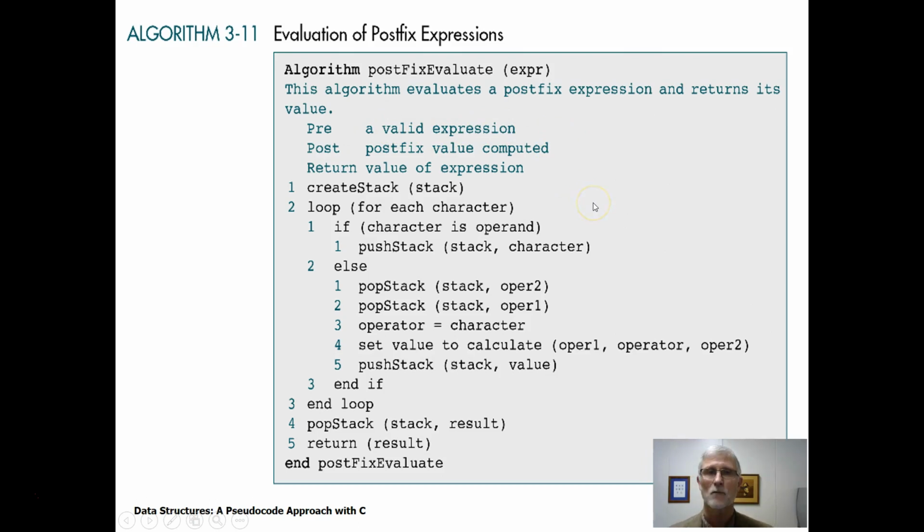Where are the arithmetic operators? They're at the end. So I create my stack, I loop. If it's an operand, push on the stack. If it's an operator, I'm going to pop things off, then calculate operand 1, operator, and operand 2. So I'm going to calculate that value and push it back on.